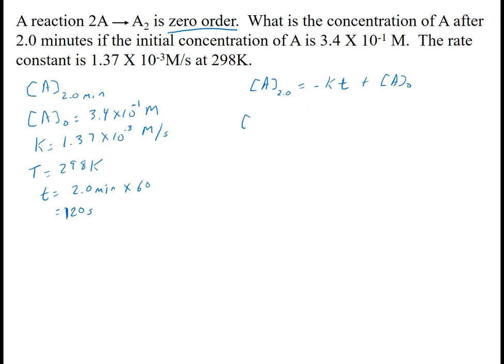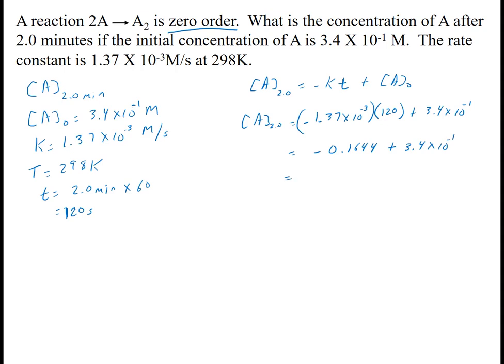So my concentration at 2.0 is negative 1.37 times 10 to the minus 3 times 120 plus the 3.4 times 10 to negative 1. I multiply these two together, I get negative 0.1644 plus the 3.4 times 10 to negative 1.